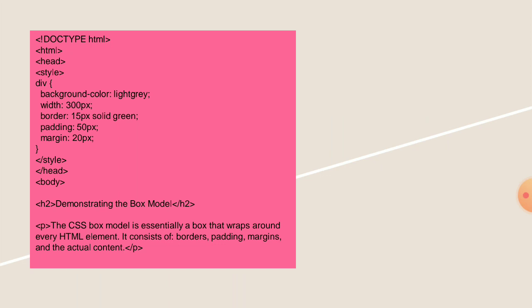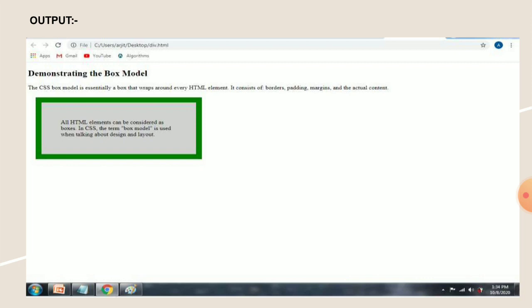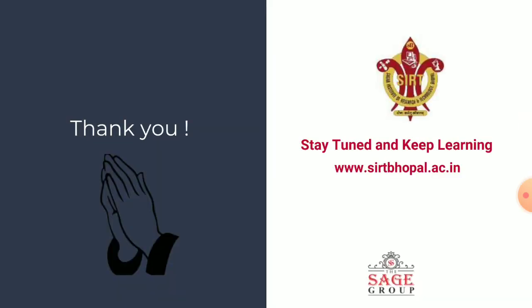Style close, head section close, and body section open. The h2 heading is "Demonstrating the box model", h2 close, then a paragraph: every HTML element can be considered a box in CSS. Then body section close, HTML close. There is the output of the example. Thank you.